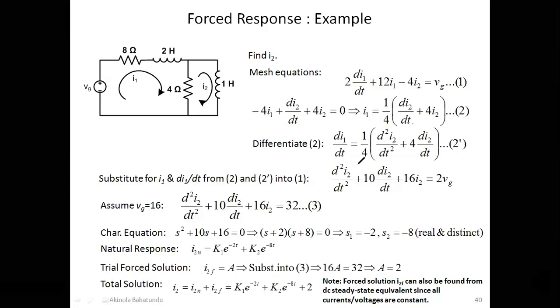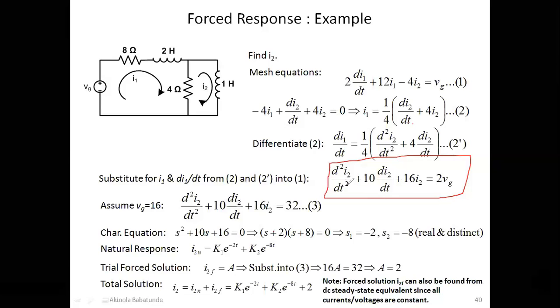The question you want to ask yourself is, why did we make I1 the subject of the formula? Why didn't we make I2 the subject? Since we are looking for I2, we have to write equation 1 in terms of I2. You can see we have I2 here, we have I1 here, we have I1 here. So we're just trying to solve these and write equation 1 in terms of I2, so we can have our standard second order circuit equation.